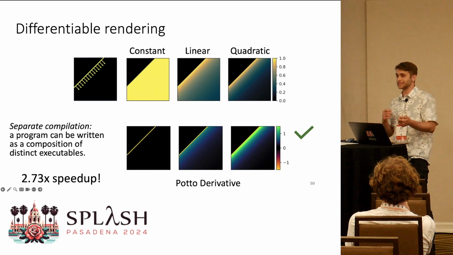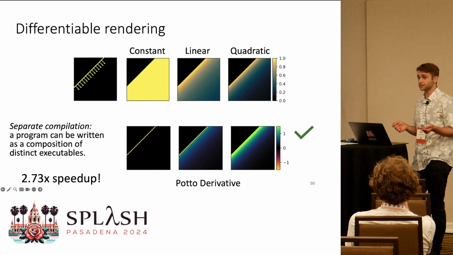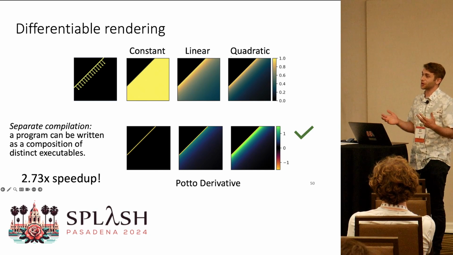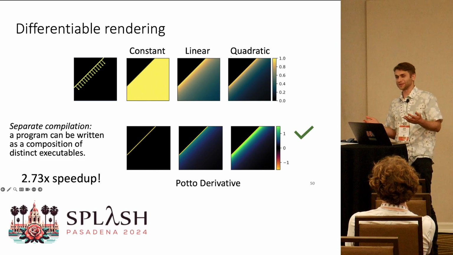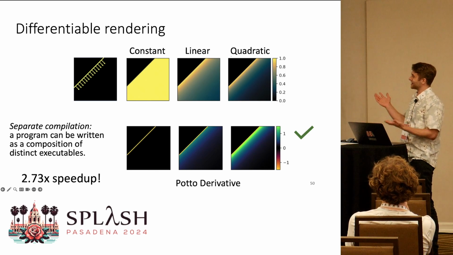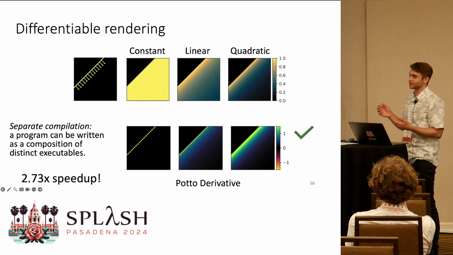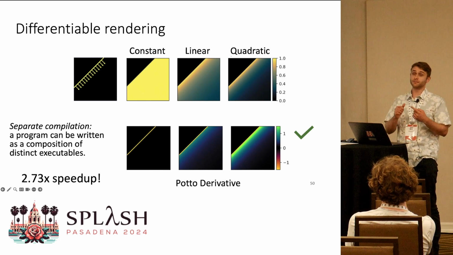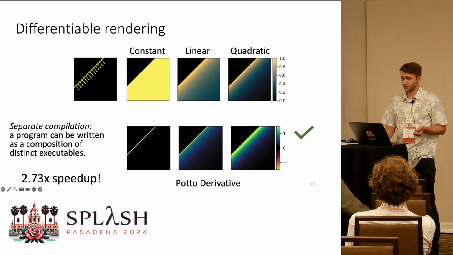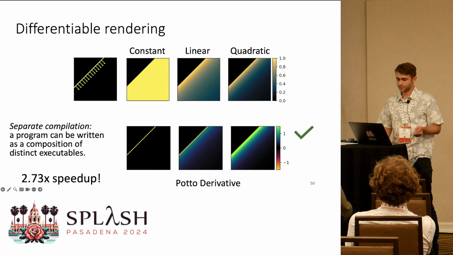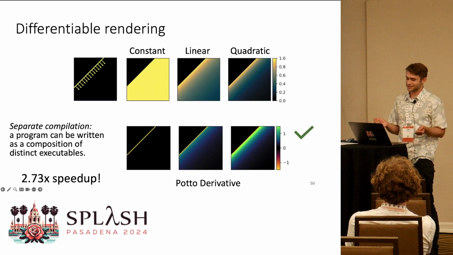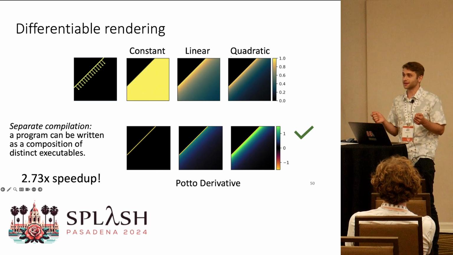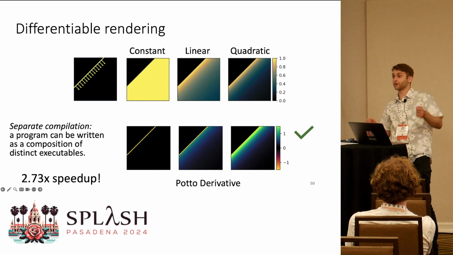And typically in the design process, you'll swap among these. And if you don't support that, that's a problem. So actually, our previous work wasn't able to support this, and now we support this. And in particular, programs can be separately compiled and differentiated, and then composed. And I guess the takeaway of this is you get this 2.73x speed up in compile time because you're not repeatedly compiling the whole program.